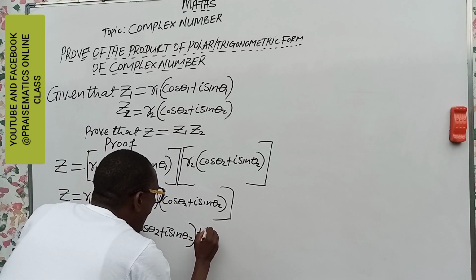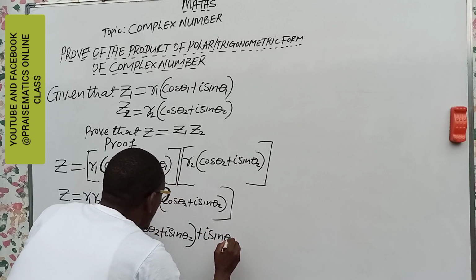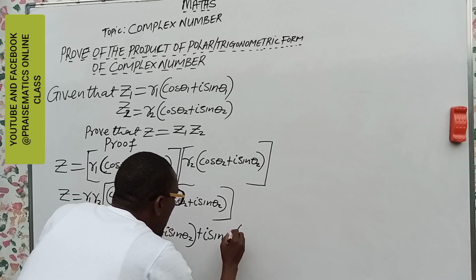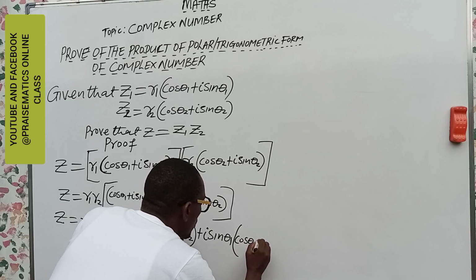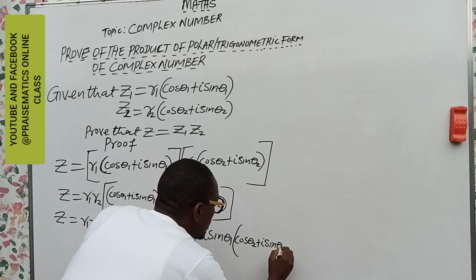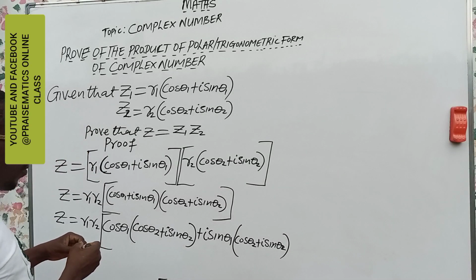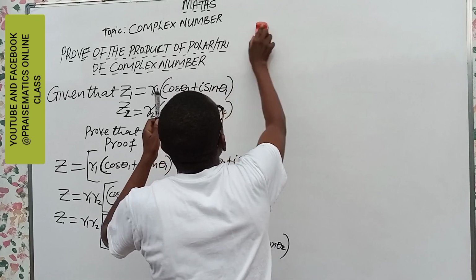Plus I sin theta 1, multiply everything that is here, cos theta 2 plus I sin theta 2. Close it. So now with this, we can come up and solve this.